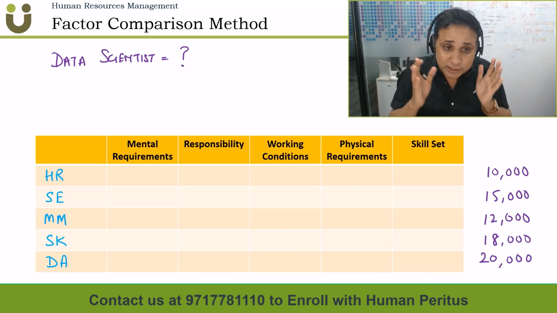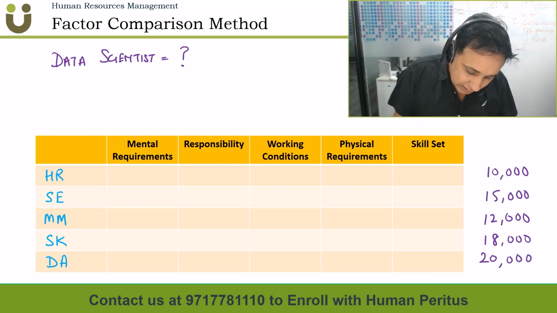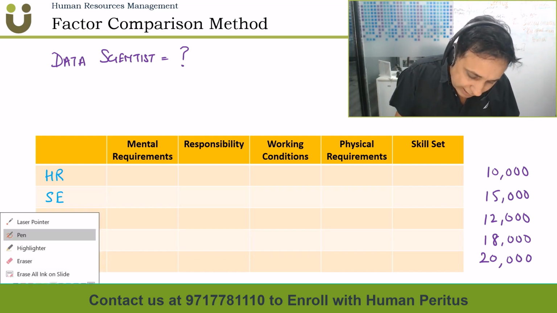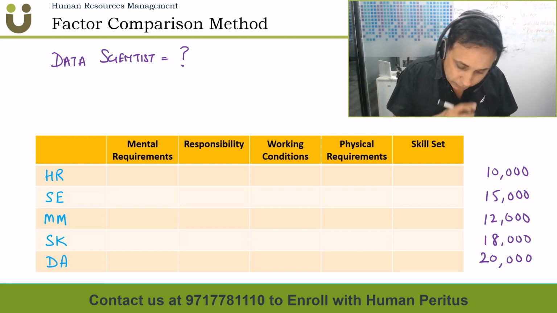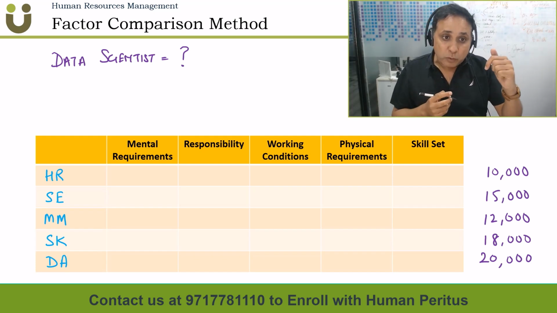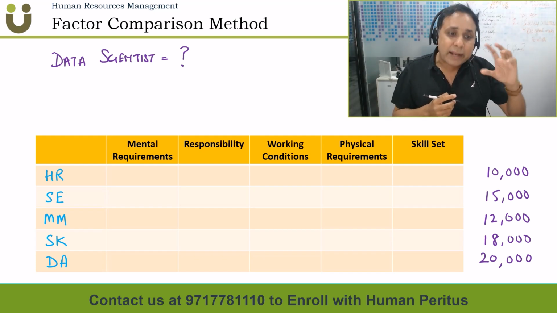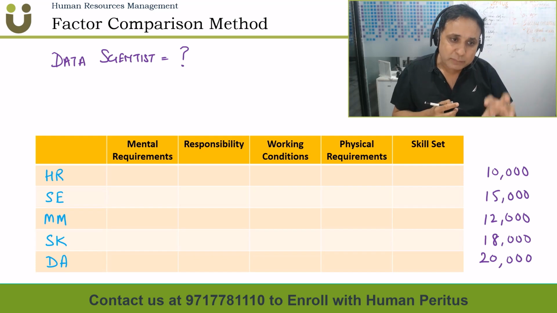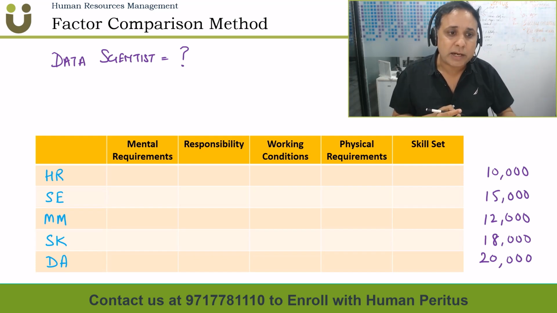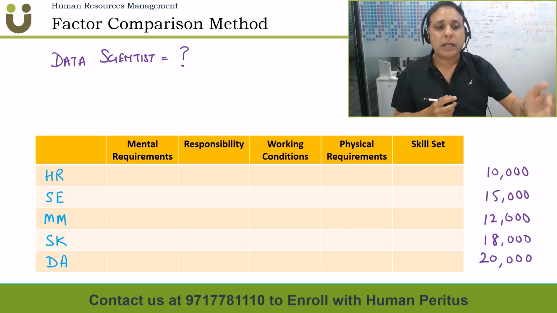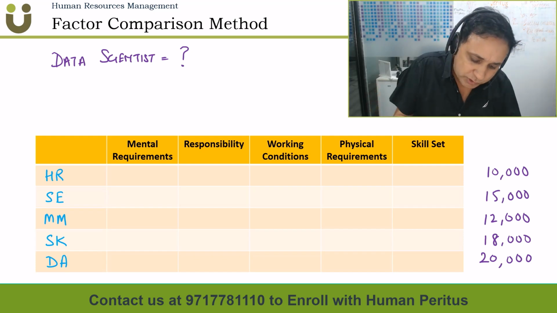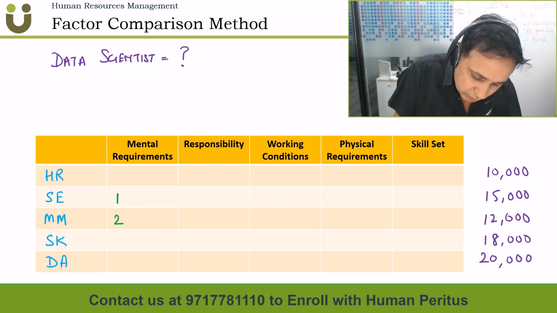So guys, the first thing I have to do is that for each factor I have to rank each of the jobs. Now for the factor of mental requirement, I will rank all these five jobs: HR, software engineer, marketing manager, storekeeper, and data analyst. So let us suppose this ranking is 1, 2, 3, 4, 5.